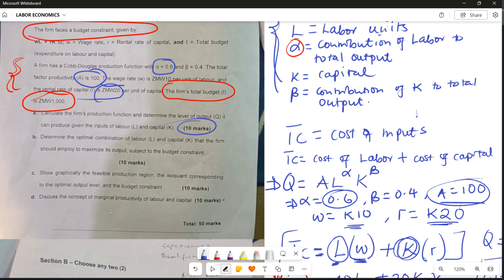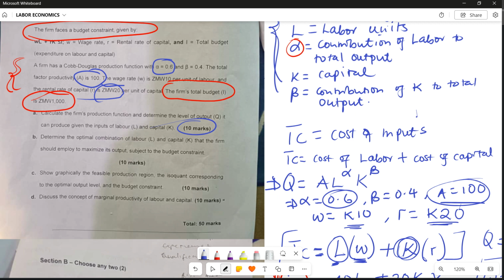Okay, let's do B quickly. Determine the optimal combination of labor and capital that the firm should employ to maximize its output subject to their budget constraint. But you see where the easy part is, B is simple, because B is just saying determine the optimal combination of labor and capital that the firm should employ to maximize its output subject to the budget constraint.